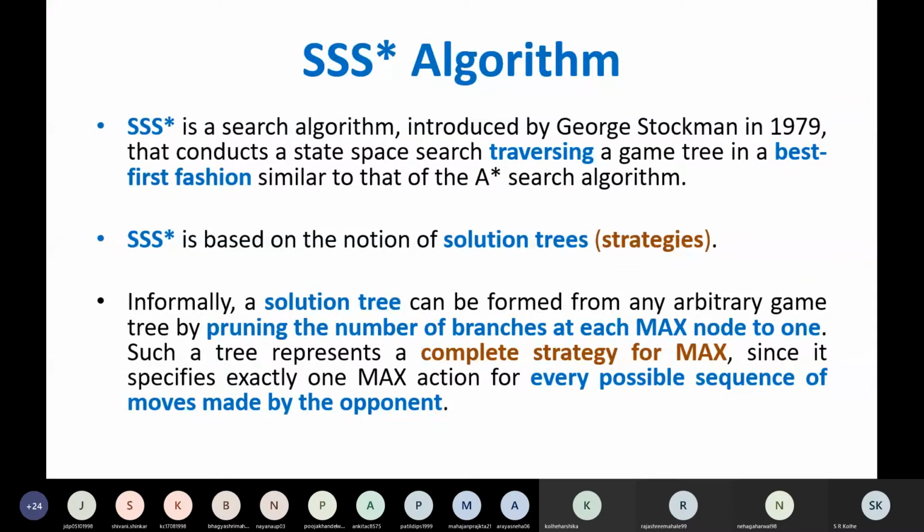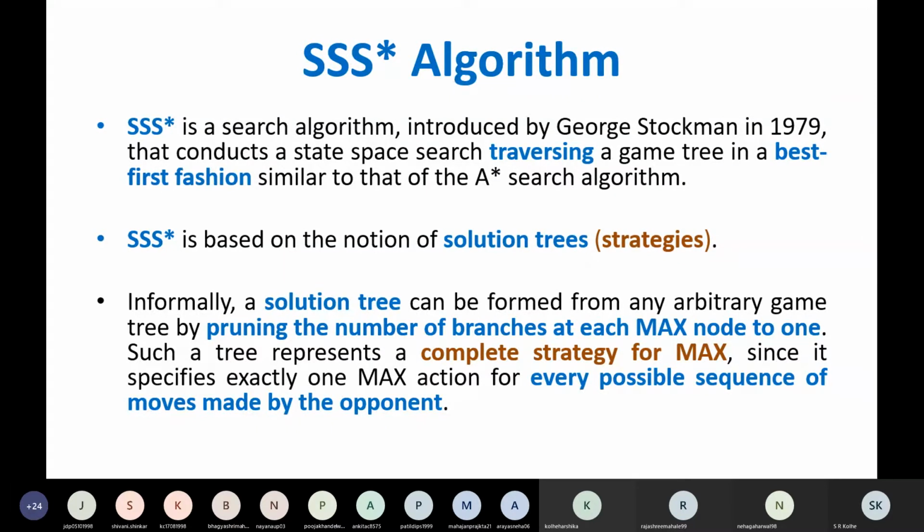So take this for homework: let us find out why this alpha beta cutoff algorithm is sensitive, or prove that this alpha beta cutoff algorithm is sensitive to the order in which the moves are generated.